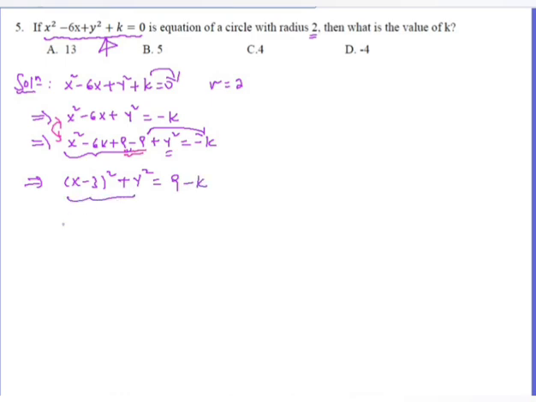Definitely this is a standard form with center at 3, 0, and the radius of the circle r squared and 9 minus k are the same. But r is 2, so 4 is equal to 9 minus k. So from this k will be 5. 9 minus k is 4 means k is 5. Therefore, the answer for this problem is B.